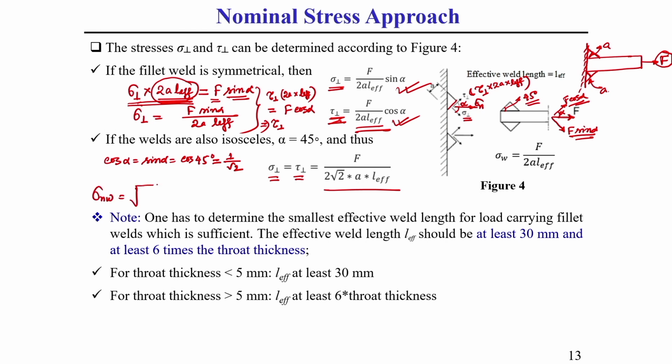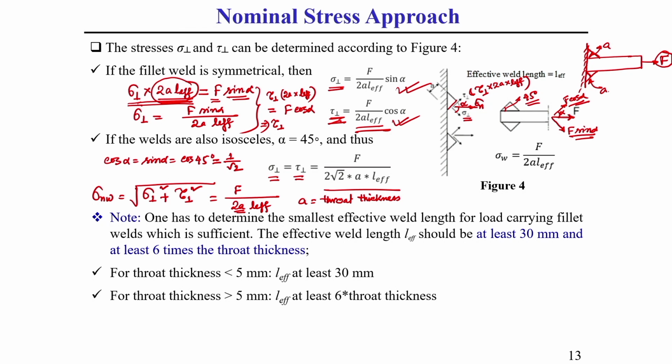Sigma n w is the square root of sigma inverted T square plus tau inverted T square. Just put these in and we will get F divided by 2A L effective, where A is called the throat thickness and L effective is called the effective length.